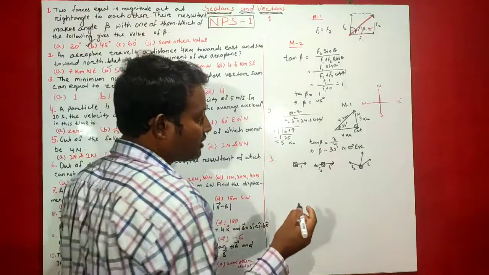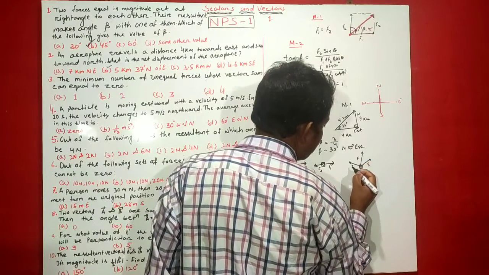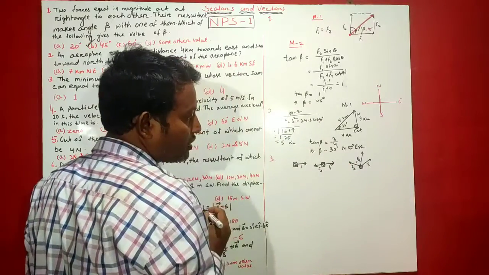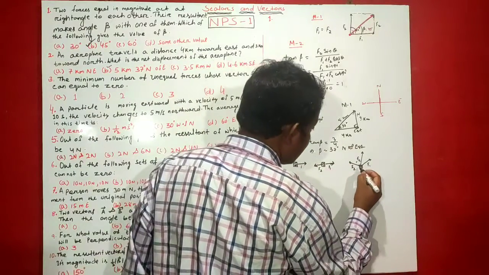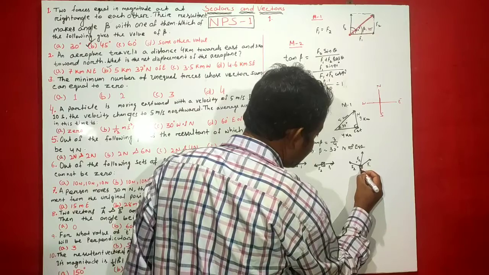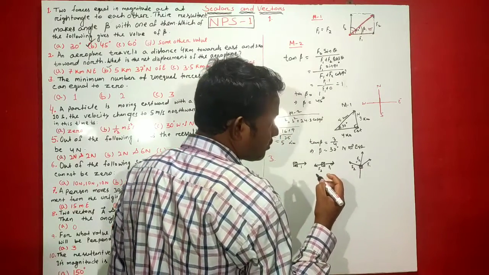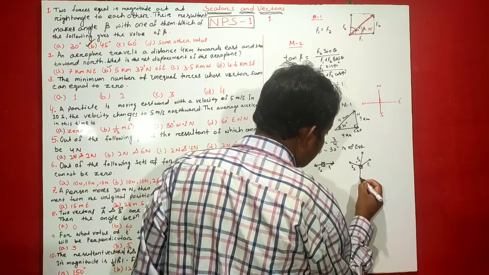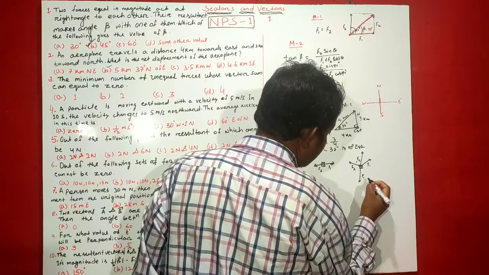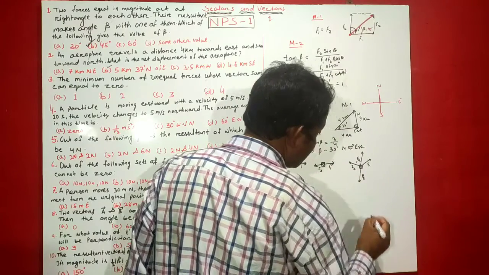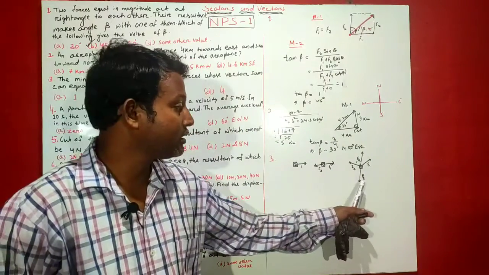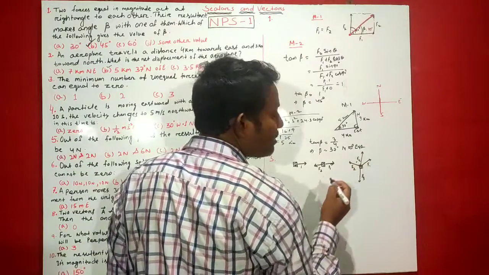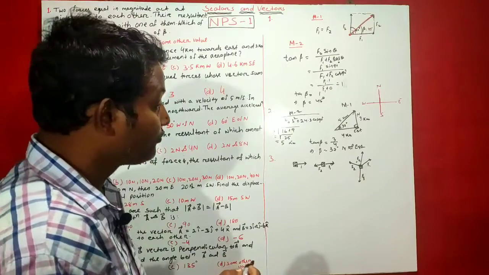If we put another force in the opposite direction of F1 plus F2, say it is the F3 force, the third force, then it will be 0.